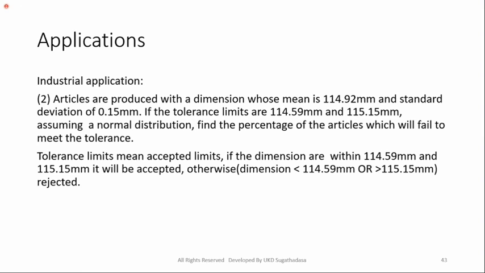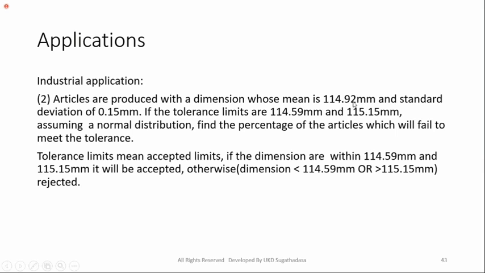If you want to calculate the mean dimension and the standard deviation, you have to get a large number of samples, right? We take maybe 1,000 samples. One day we can take 1,000 samples, measure all 1,000 values, calculate the mean value and get the standard deviation also. In the first semester we have done how to calculate the mean and the standard deviation, no?